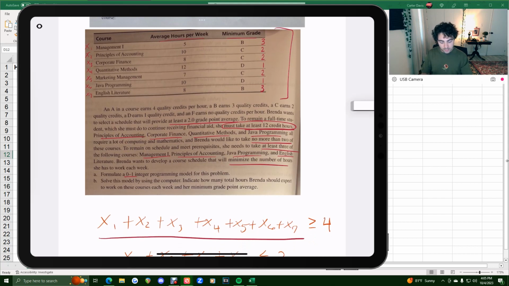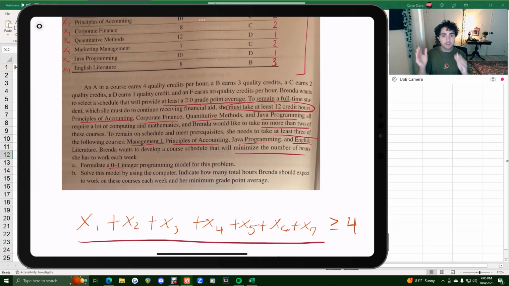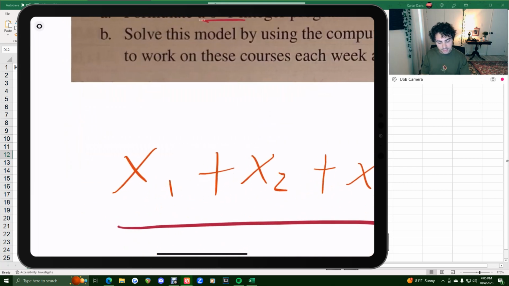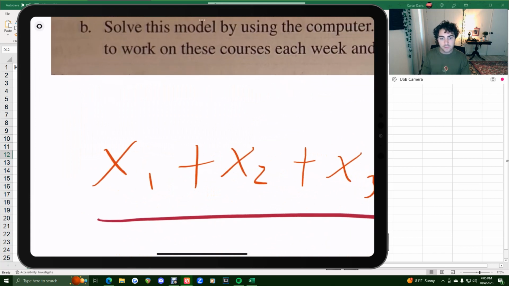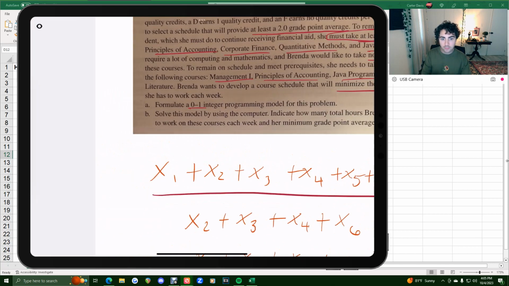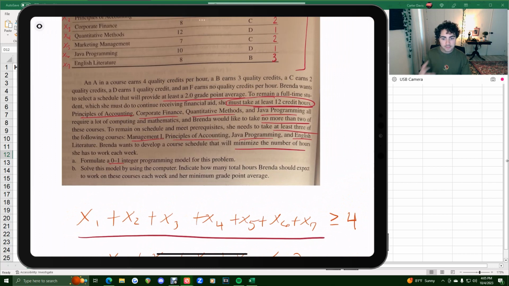Keep in mind that x1 through x7 are either going to be 1s or 0s. If she takes the class, that's a 1. If she does not take the class, it equals 0. So if she takes class 1, x1 equals 1. If she does not take class 2, x2 equals 0. She needs to take at least 4 classes, so the sum of these should be greater than or equal to 4.